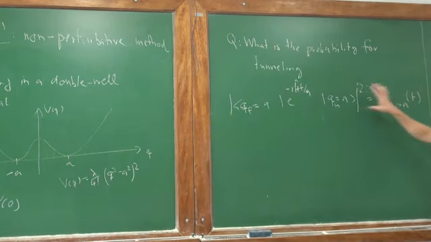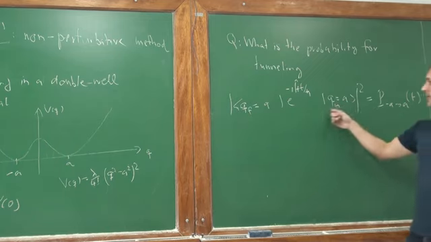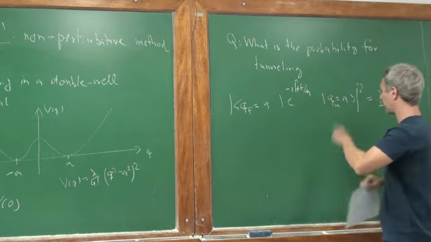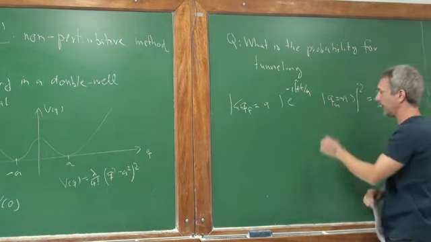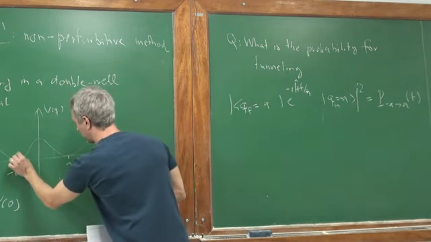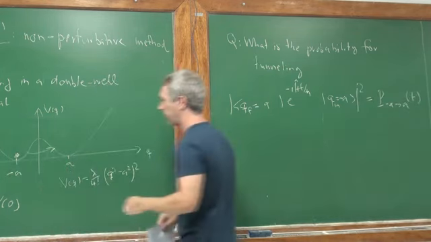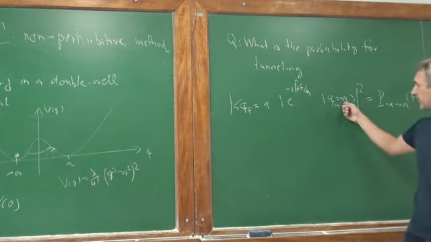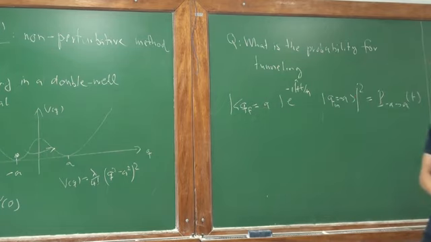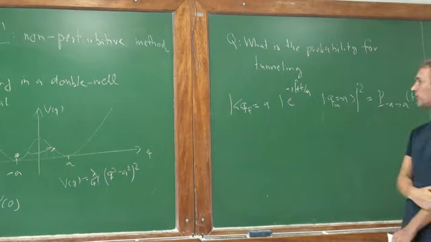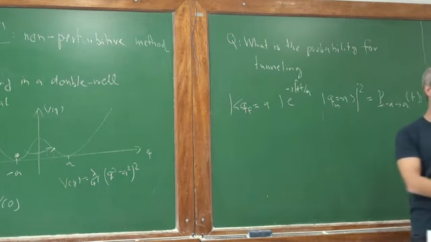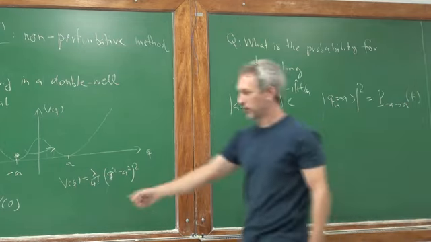If you take the semi-classical assumption, you can represent the amplitude as a path integral propagating from minus a to a. We want to see the probability for tunneling, and the question is, what is the probability to propagate to a? If you start using the path integral in the semi-classical approximation, what we should do is solve the semi-classical equation of motion, but of course in this regime we don't have any solution.